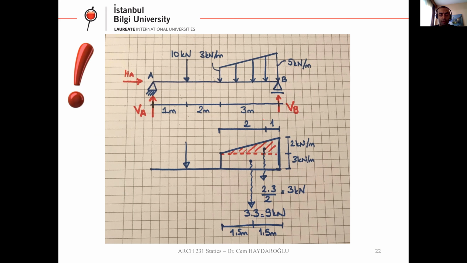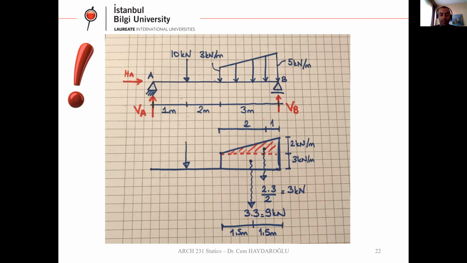What we were doing for trapeze loadings, we are gonna split it to basic shapes. The easiest method is to split it to one triangle and one rectangle. So here we have one rectangle and its area is 3 times 3, 9 kilonewton.